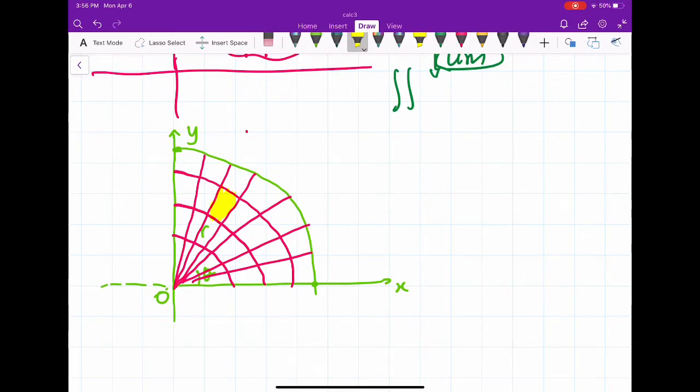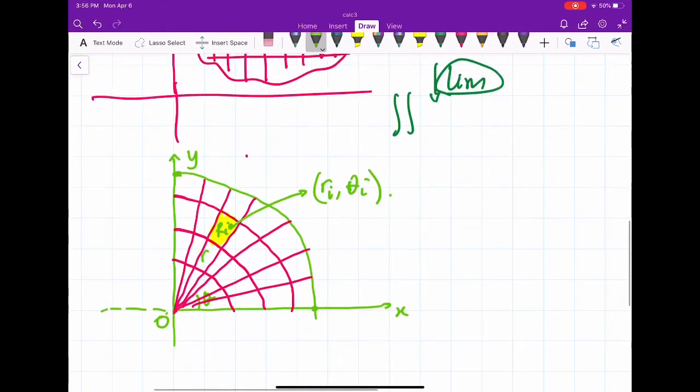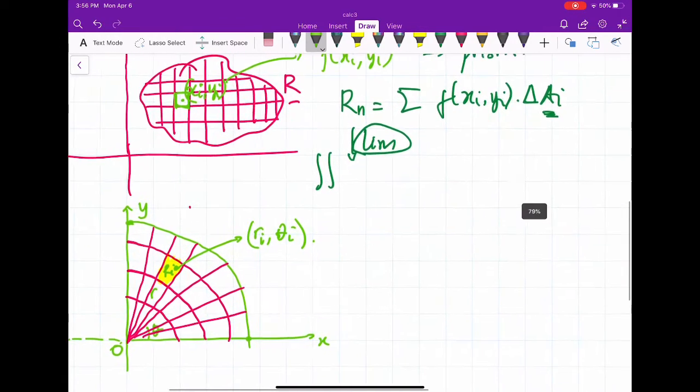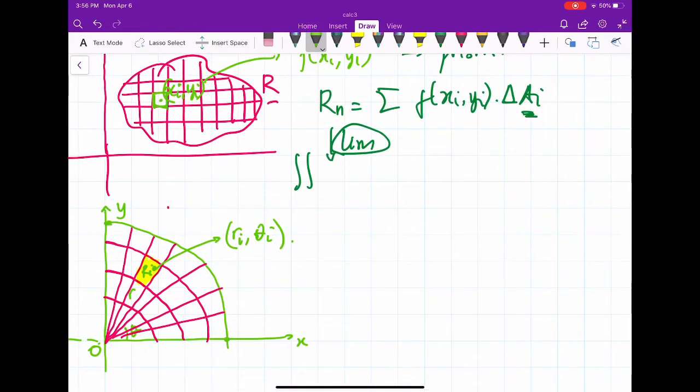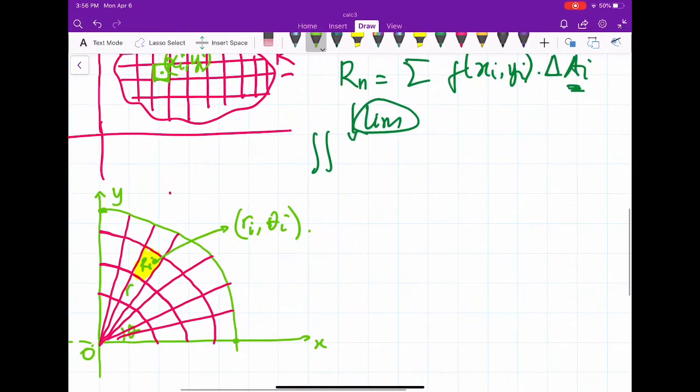So each time, suppose I have R_i in here, and I pick some point here from R_i, which is r_i and theta_i. I want to make a Riemann sum for my double integral, okay? So probably I have to find the area of this region. I need to find the area of R_i. That makes sense?